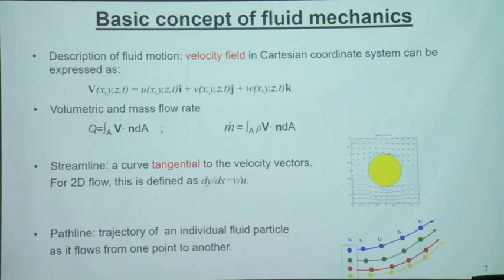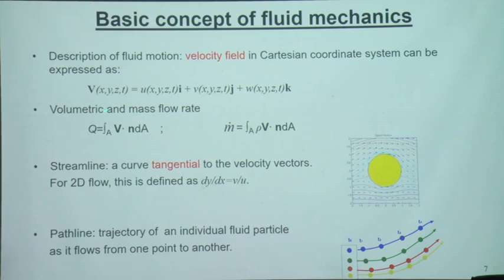There are a few parameters that we're going to refer to fairly frequently. We describe the fluid motion and visualize the flow using a velocity field. This can be in Cartesian coordinates or cylindrical coordinates. In Cartesian coordinates, the velocity vector is a function of x, y, z, and also a function of time, and it can be described using velocity components in each of these directions.